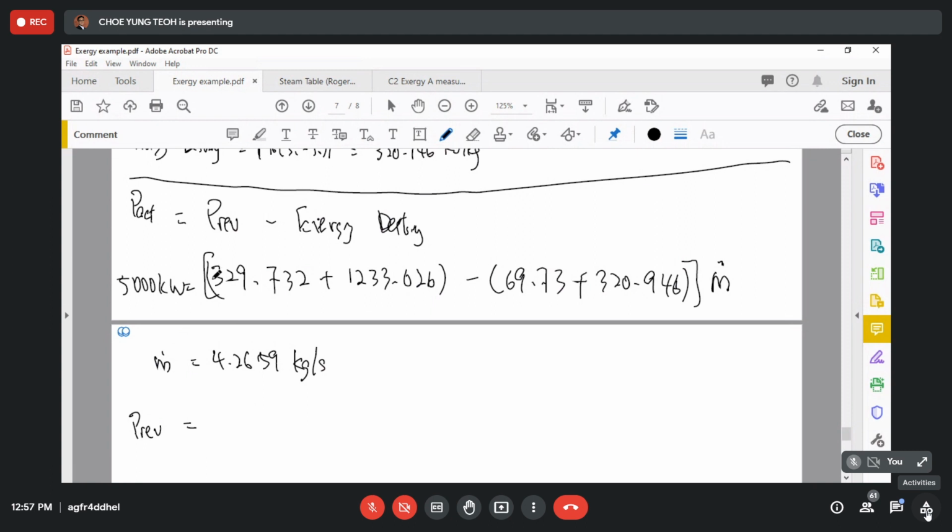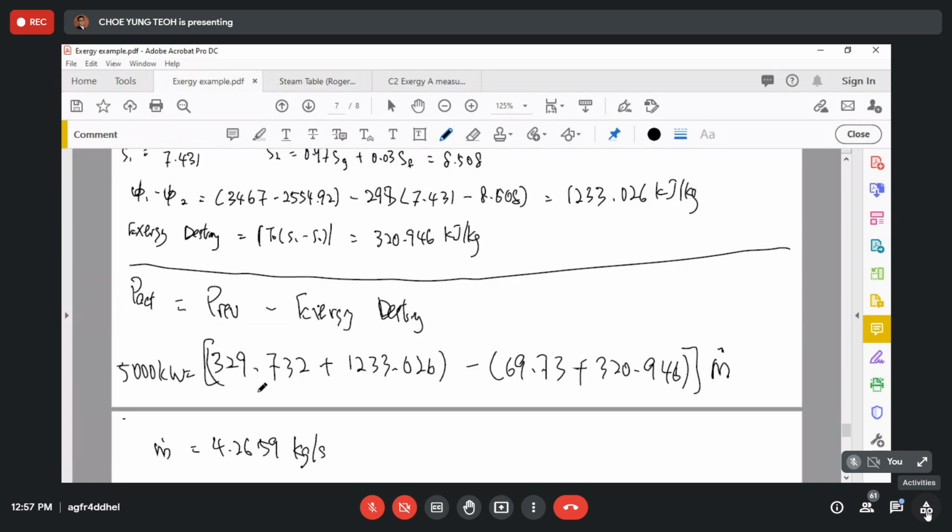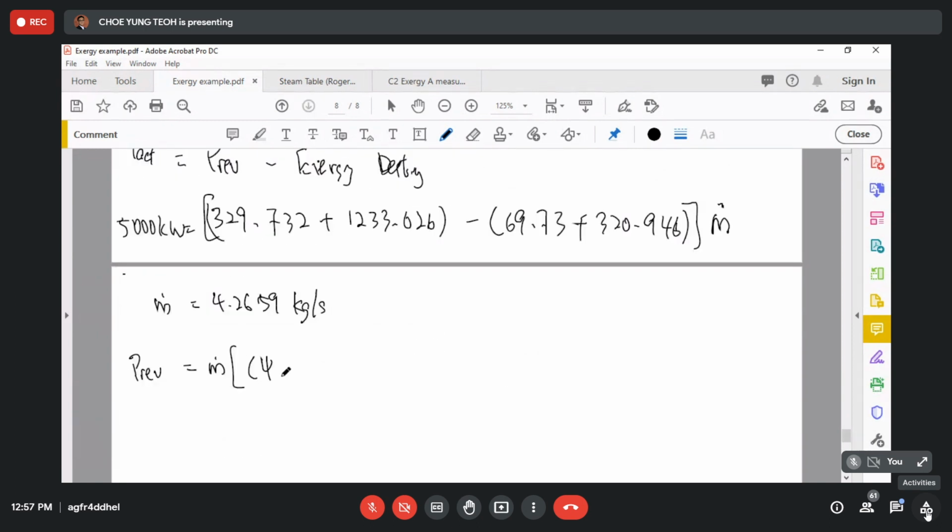Just take the reversible power in terms of kilojoule per kg and multiply with the mass flow rate: psi 1 minus psi 2 for state 1 plus psi 1 minus psi 2 for state 2.